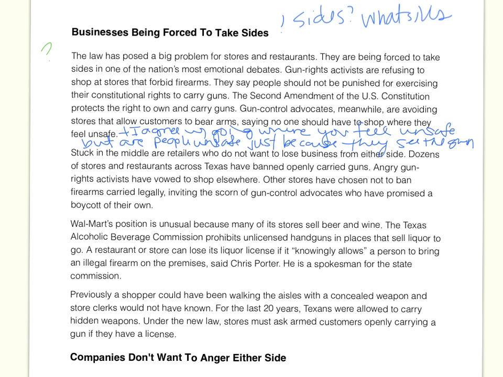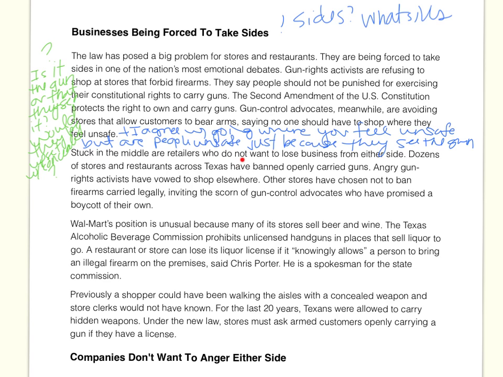It really makes me think, is it the gun, or that they see it? Would they be upset with concealed? Because you never know who has a concealed permit, especially even in our state.